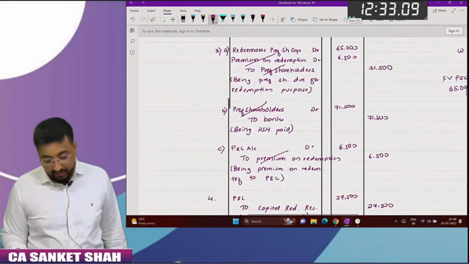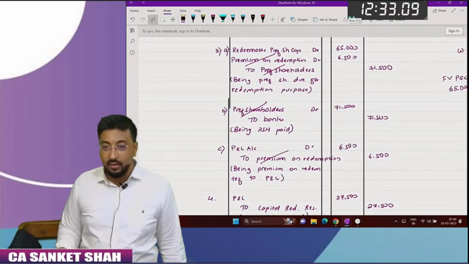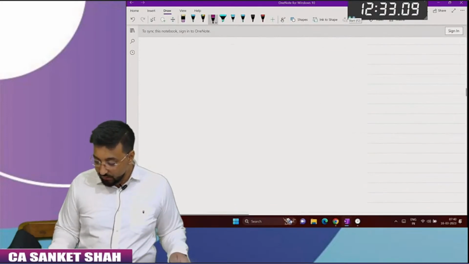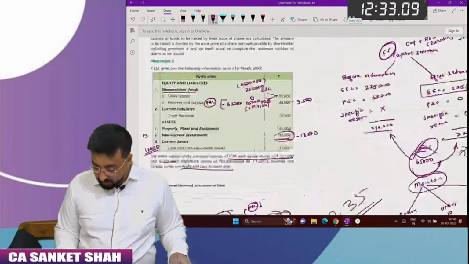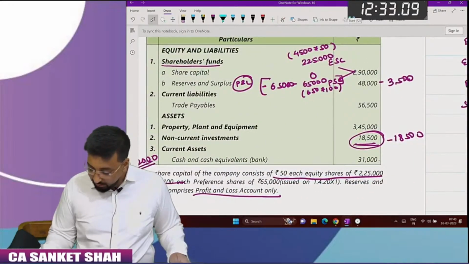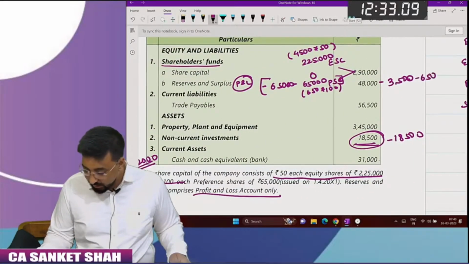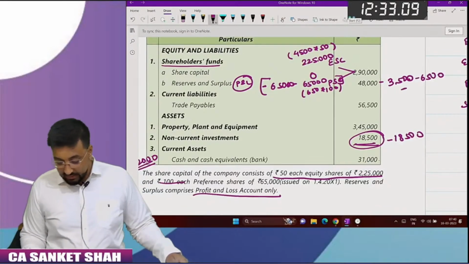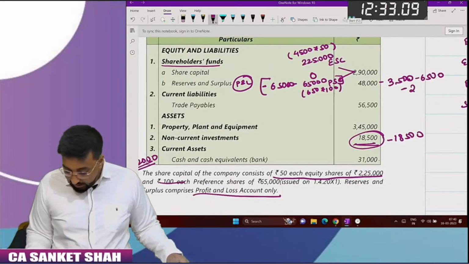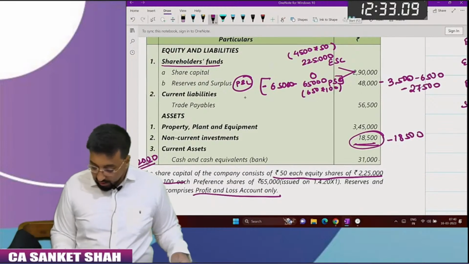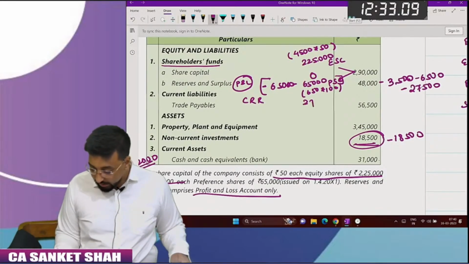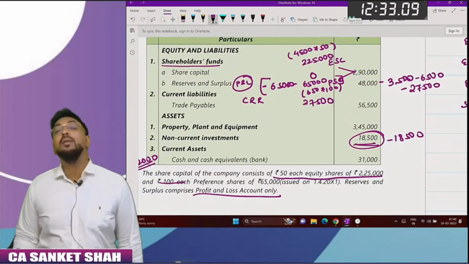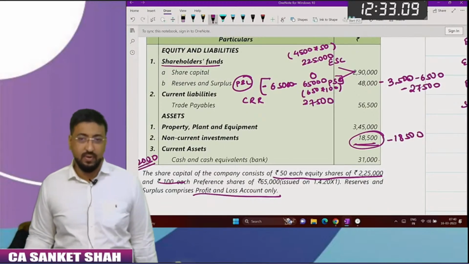It is getting cancelled. Bank we already done. P&L को 6,500 से माइनस करेगा. So P&L 6,500 से रिड्यूस किया. एंड CRR कितना क्रिएट किया बेटा? 27,500. तो नया एंट्री आएगा CRR 27,500. Yes, sir. Very easy.